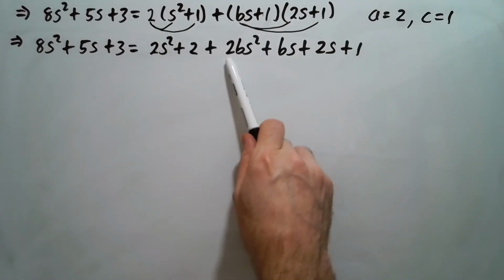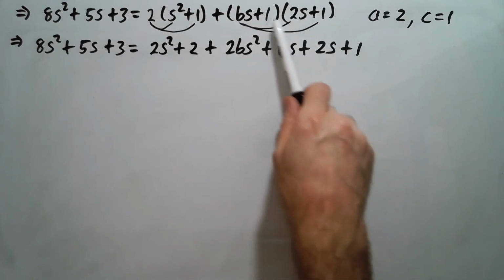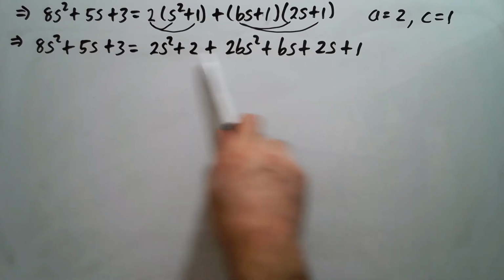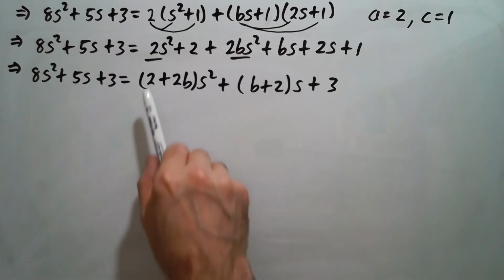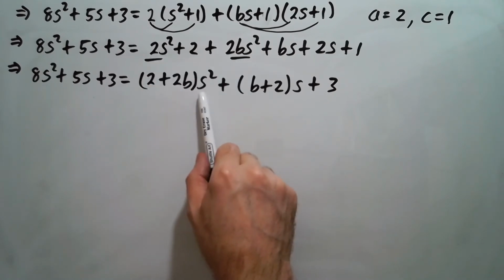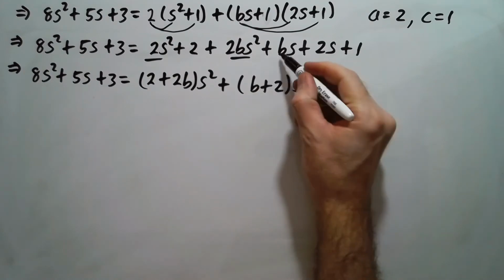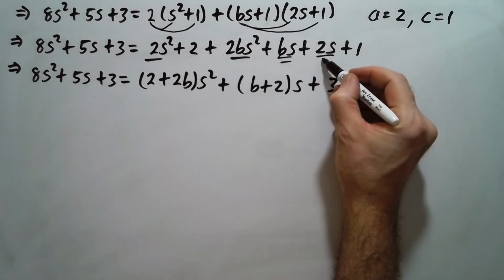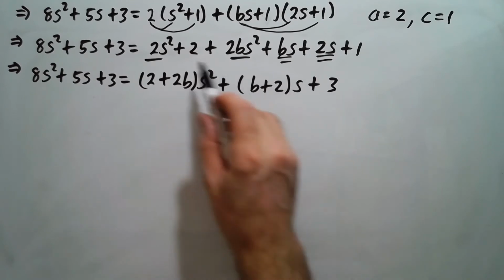Bs times 2s, 2Bs², Bs times 1, Bs, 1 times 2s, 2s, 1 times 1, 1. Combining the s² coefficients, it'll be (2 + 2B)s². Combining the s coefficients, it'll be Bs and 2s, so (B + 2)s + (2 + 1).